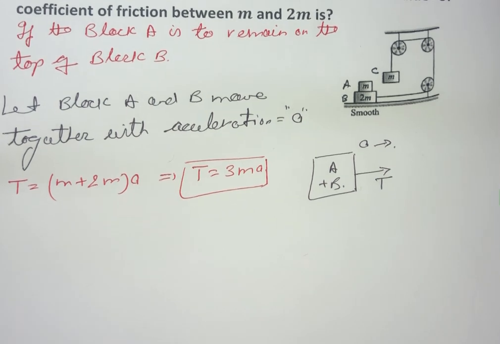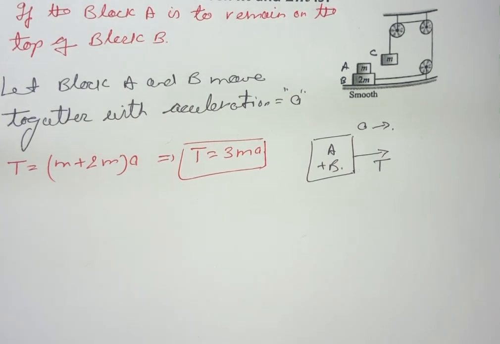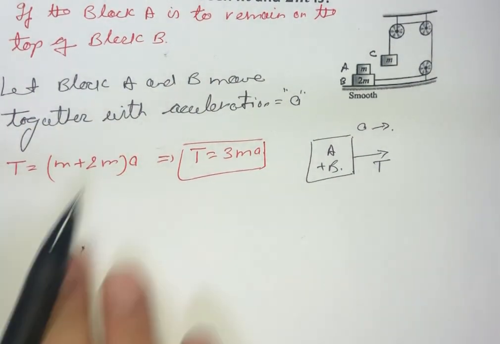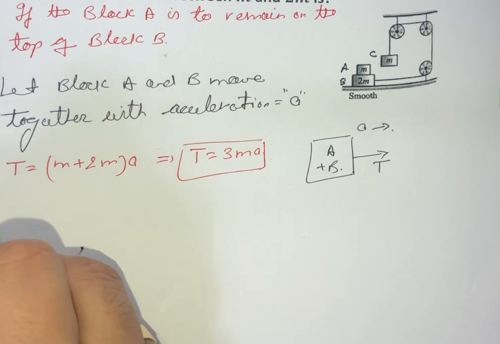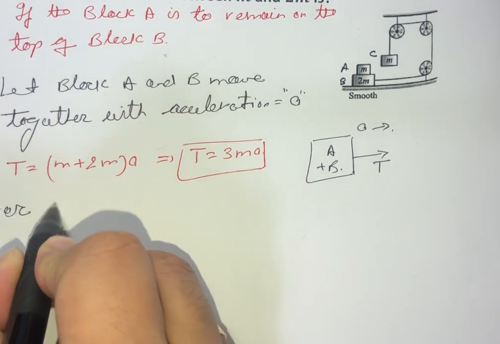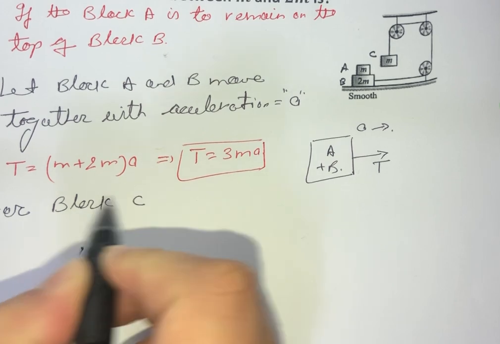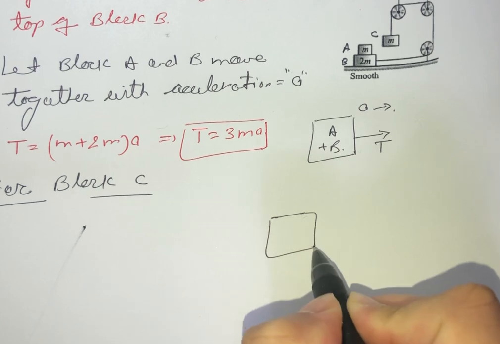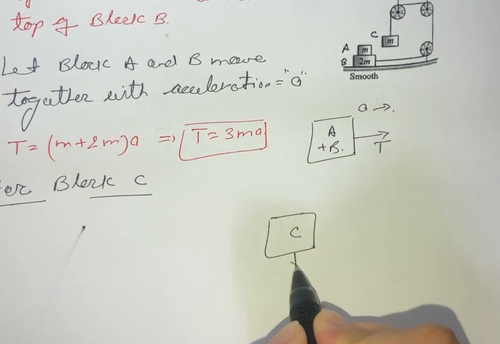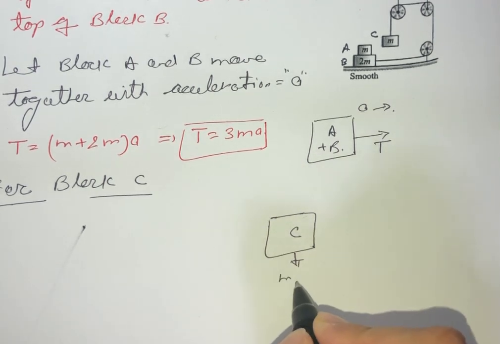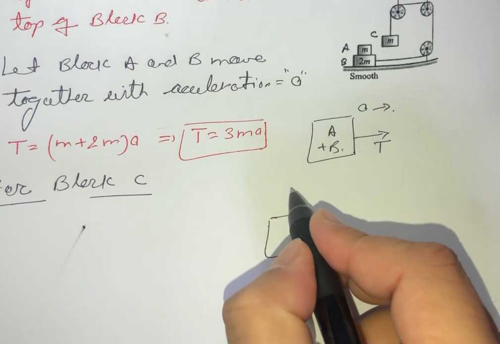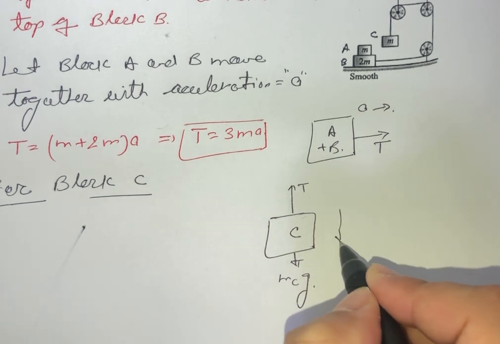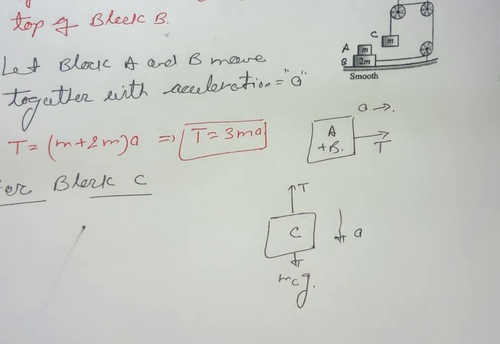And further, let us also draw the free body diagram for block C. So for block C, this is your block C, in the downward direction there will be mcg, and there will be tension T, and it will be coming down with the acceleration a.